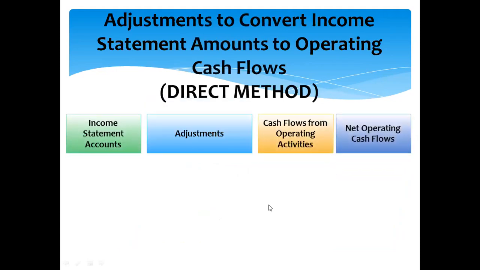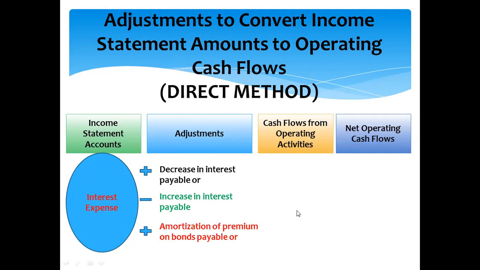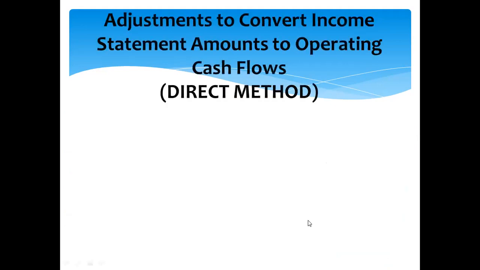Another income statement account is the interest expense. Okay, so you add if there's a decrease in interest payable, or you deduct if there's an increase in interest payable. You add if there's amortization of premium on bonds payable, or you deduct if there's amortization of discount on bonds payable. So that's payments of interest and cash outflows from operating activities.